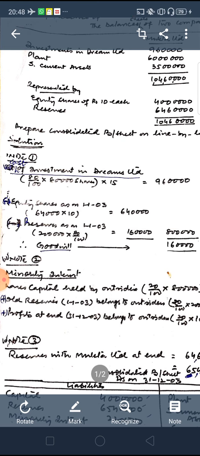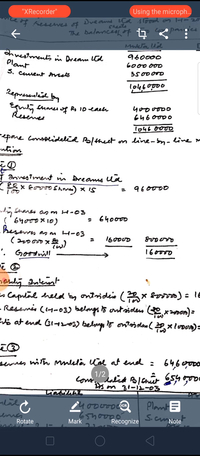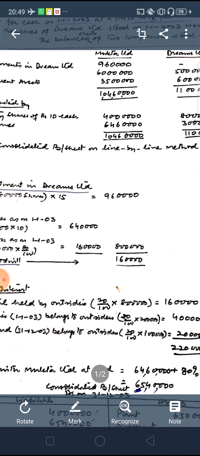So the current year's profit is 3 lakhs minus 2 lakhs, that is 1 lakh. Out of this 1 lakh, 20% belongs to outsiders, that is 20,000. So minority interest becomes 2,20,000.